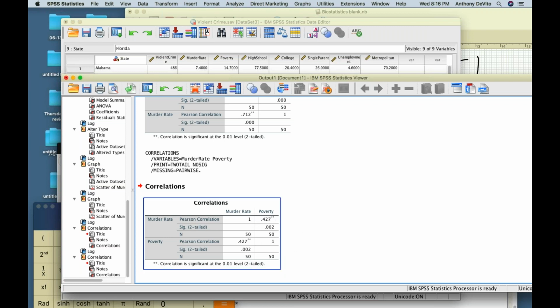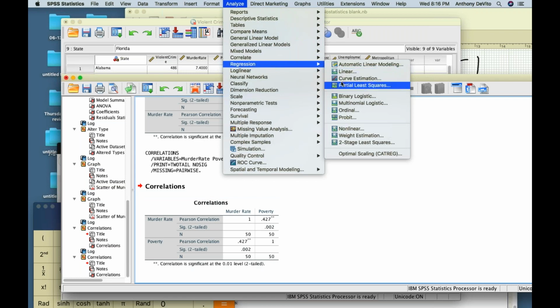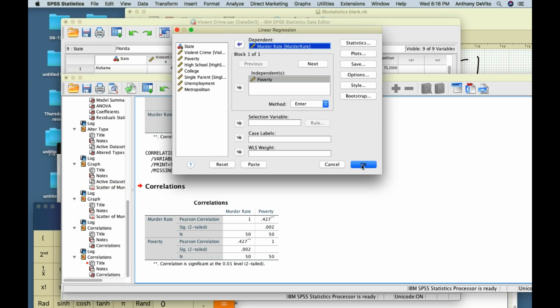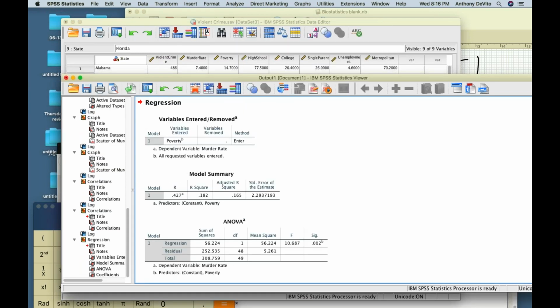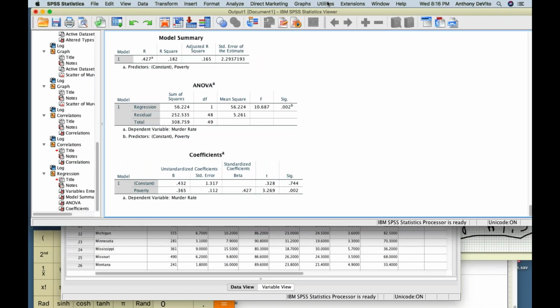Okay, so now I'm going to take this a step further and go to regression. Analyze, Regression, and I'll go to Linear Regression. Now I'm going to put in my variables, poverty rate and murder rate, and calculate a series of values that will give us our coefficients for our linear regression.